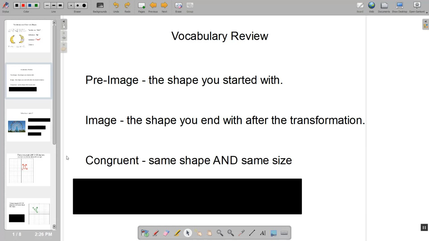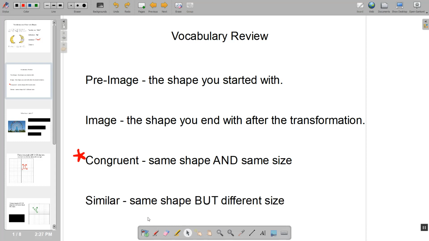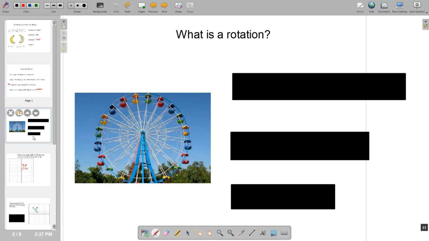So far, the image and pre-image must be congruent. That is true once again for all rotations. For our next topic, dilations, the shapes will be similar, or one shape will be slightly larger or smaller than the other shape.